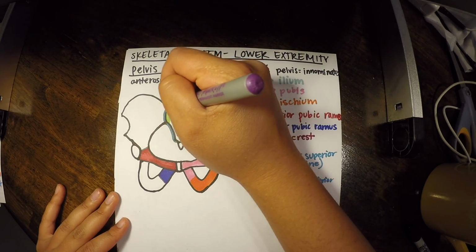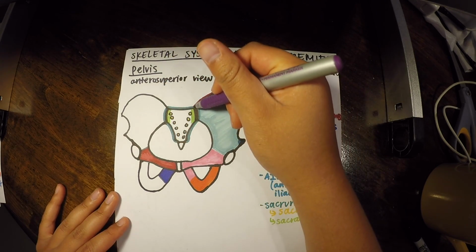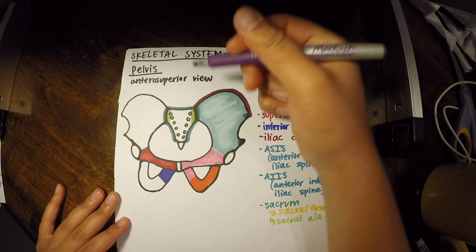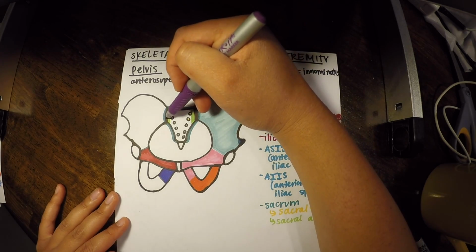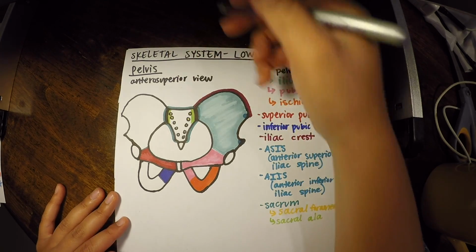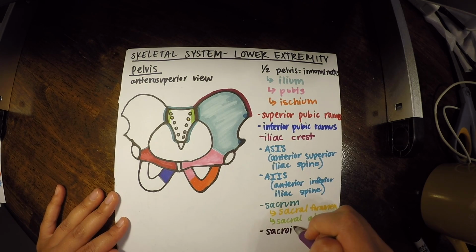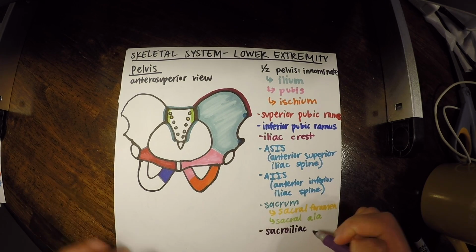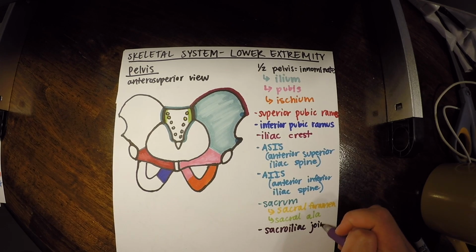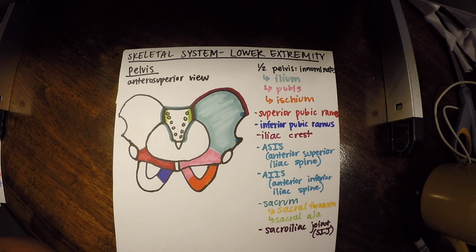It's kind of hard to see because it looks kind of the same as the black, but it's the joint right where my pen is, in between the ilium and the sacrum. And that is our sacroiliac joint, sometimes known as the SIJ or SI joint.